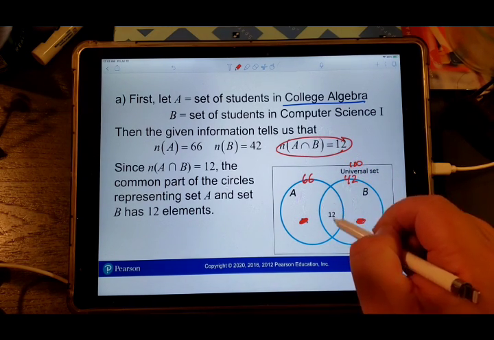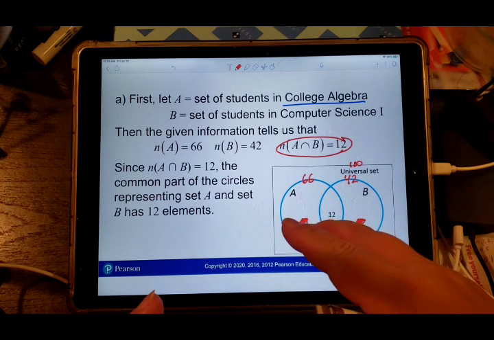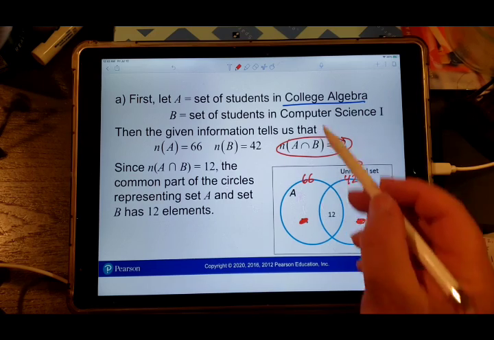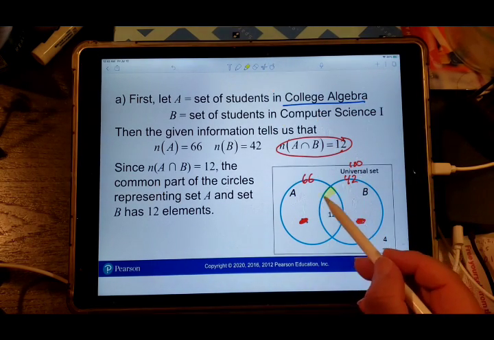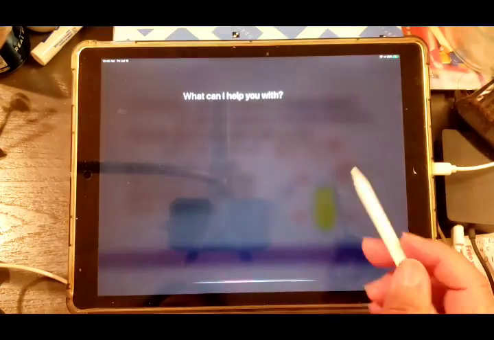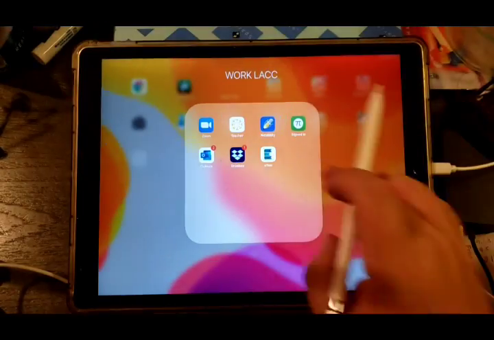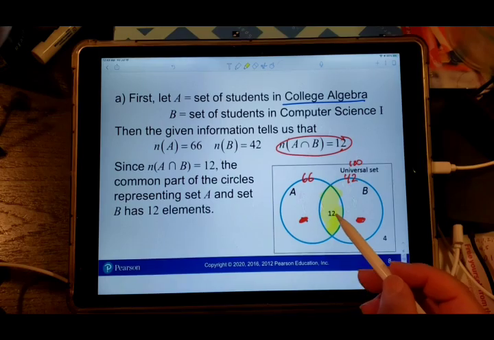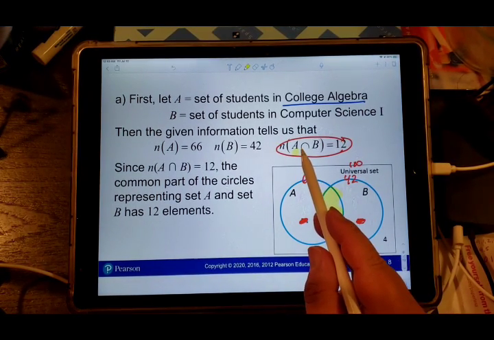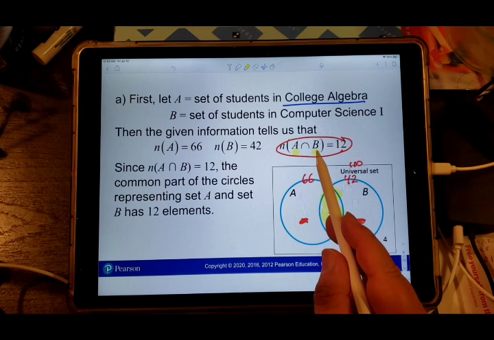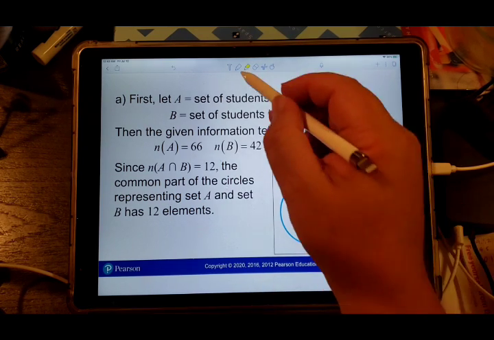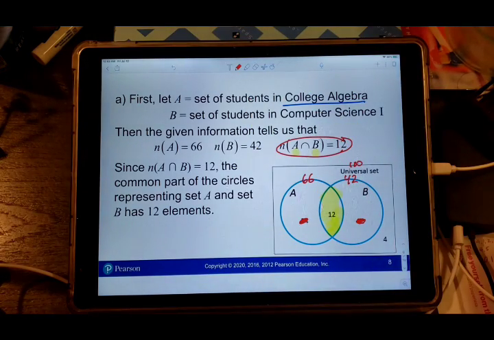Now that doesn't belong on the rim of anything. That's this area right here. This area is representing the number of students who took A intersected with the number of students who took B. So this 12 should be written down where they wrote it down.